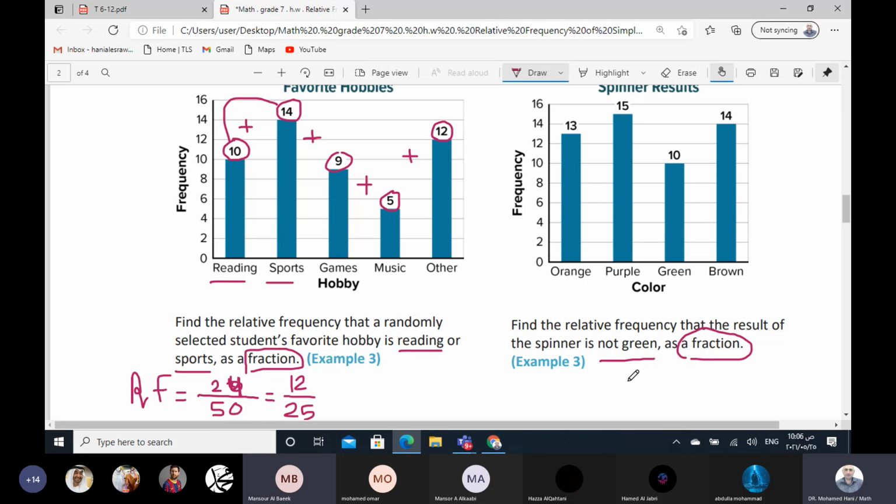Mansoor Rashid, 14 over 21. Thank you, Mansoor. 2 over 21. Thank you, Hamad. Who has different answer?